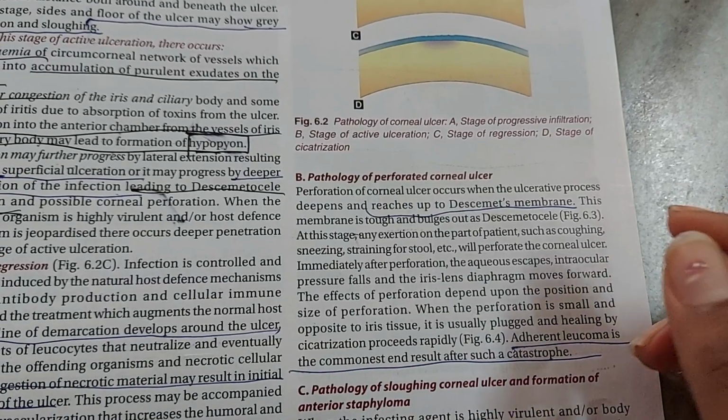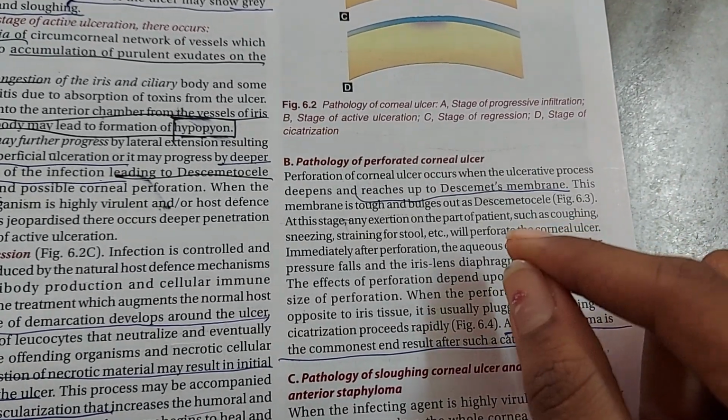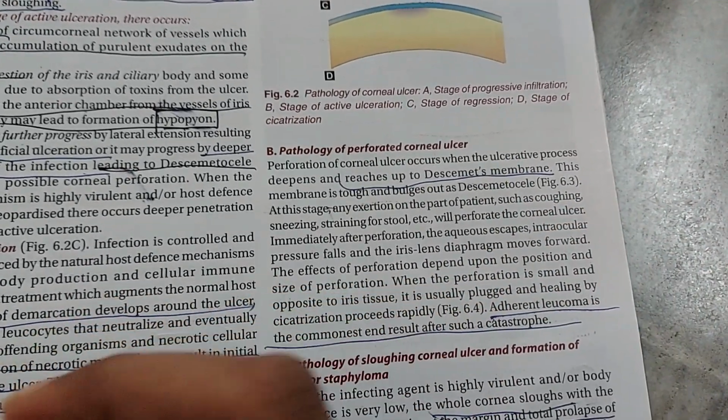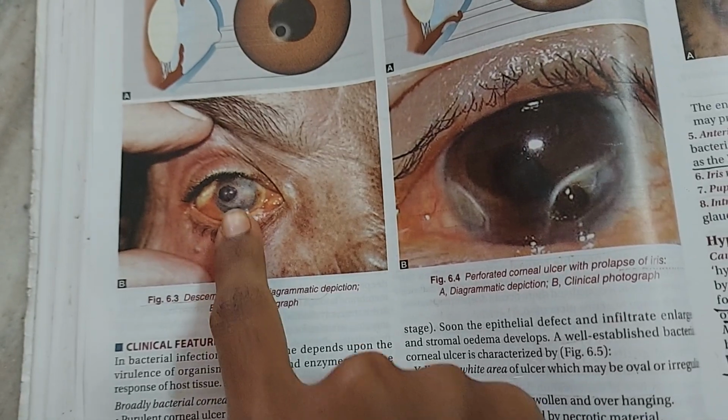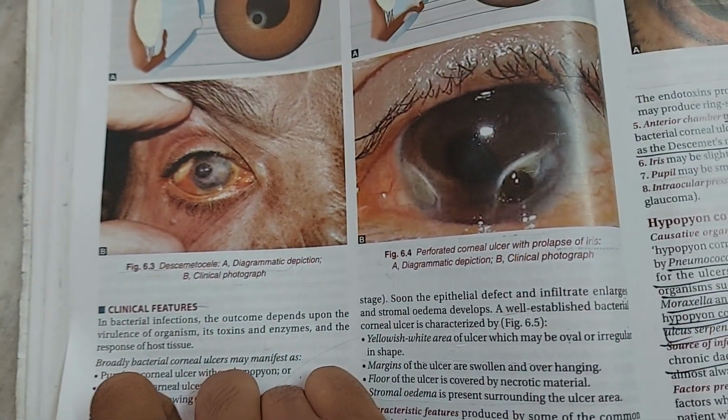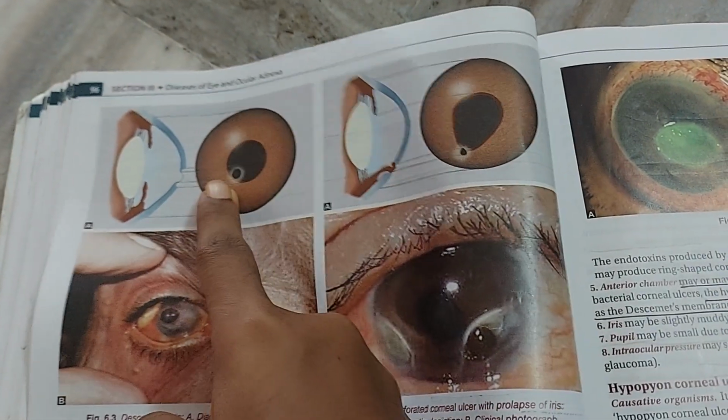Due to this thinning, only Descemet's membrane is remaining, so it bulges forward. I'll show you here, this is descemetocele, a bulge here.